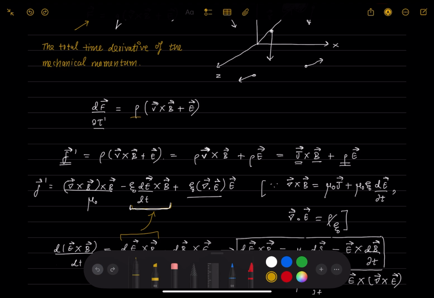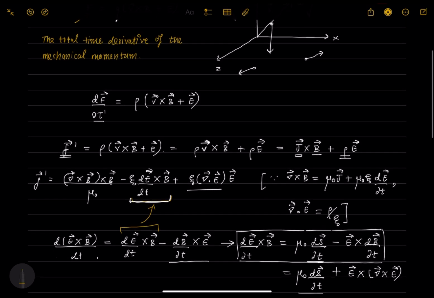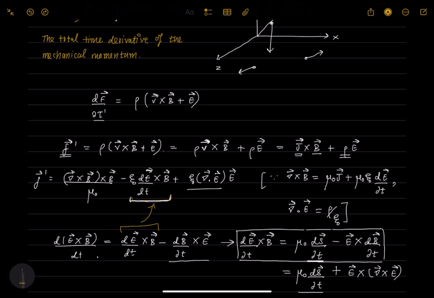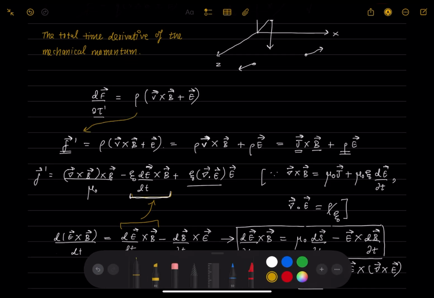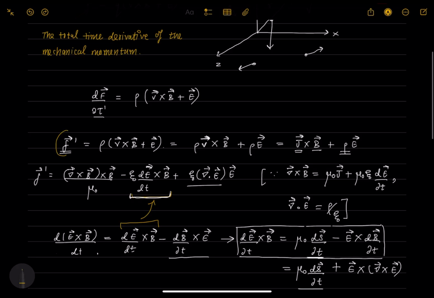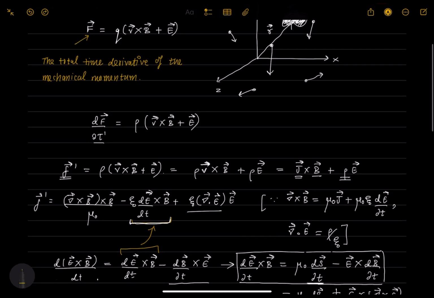Actually, they're discrete, but for small enough charges spread out, for uniform distributions, and for the calculus to work out, we need to assume a distribution. So in order to deal with distributions, we defined a force density per unit volume.